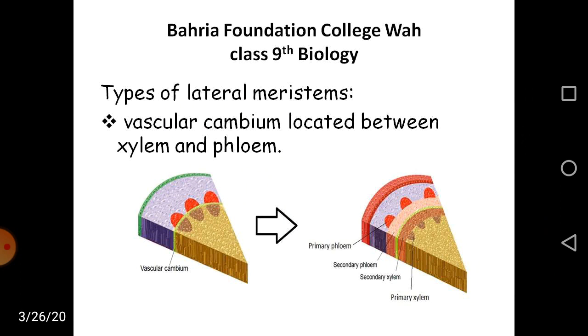Cambium means meristem, so between phloem and xylem there is a layer of cambium, which is called vascular cambium. Vascular cambium is present between xylem and phloem.